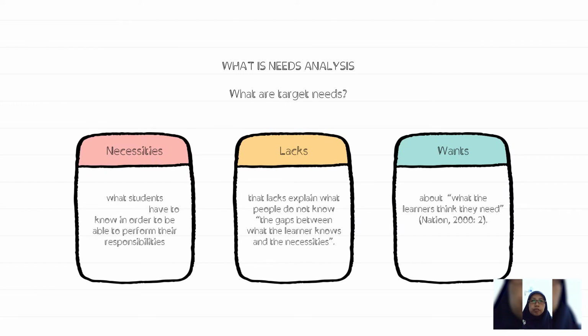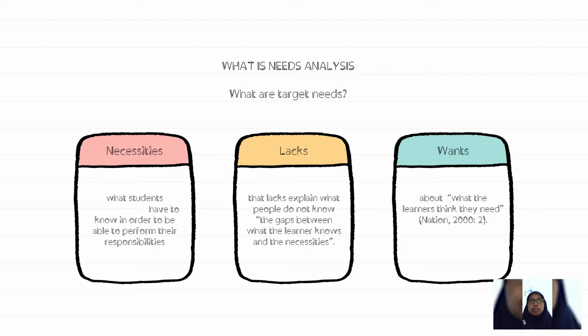Now we come to the next discussion on what analysis of needs is. In this discussion, it will focus on the questions. First, what do we mean by needs? And what kind of information should a needs analysis tell us?